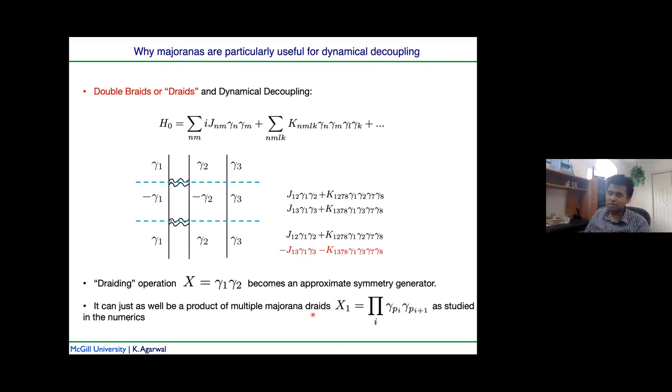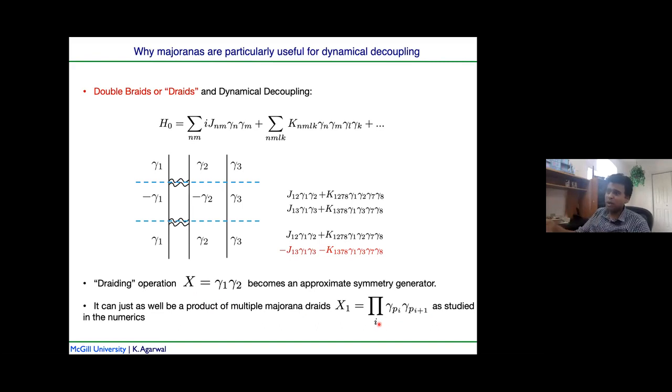In particular, there's nothing stopping us from taking these x's, as I discussed from the numerics in the last part. There's nothing stopping us from doing these multiple braiding operations involving pairs of Majoranas at the same time. So x, x1, x2, and so on, these can be multiple braid operations performed with many, many pairs of Majoranas.